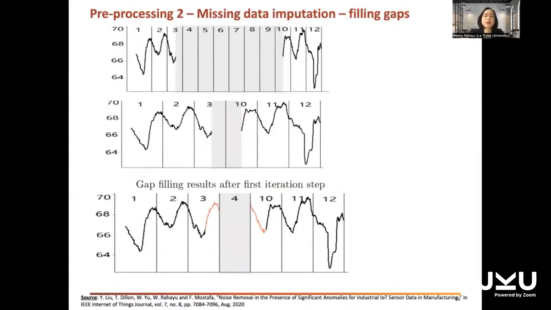The next topic is preprocessing for removing big gaps. We have a situation with IoT where the gaps are so big that it is impossible to use the traditional technique.